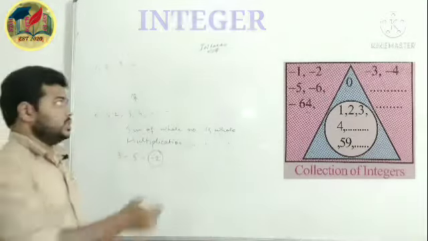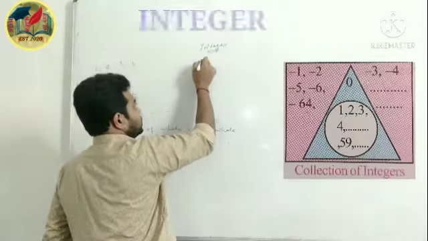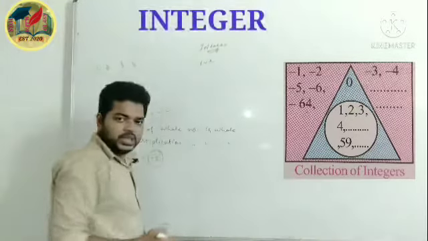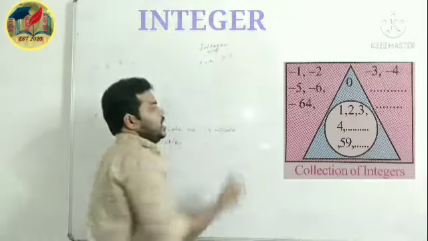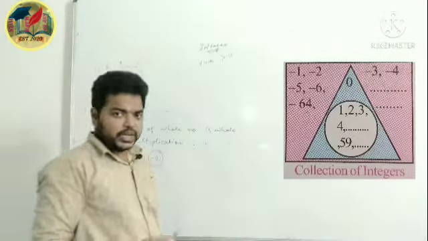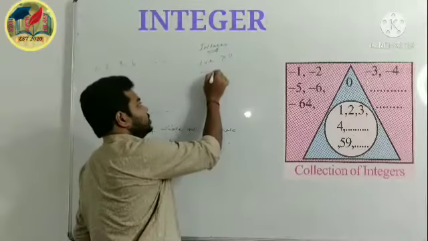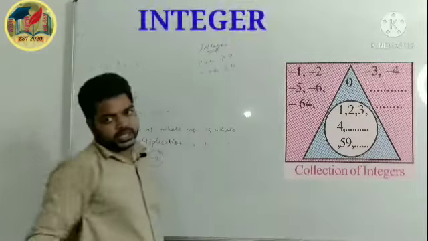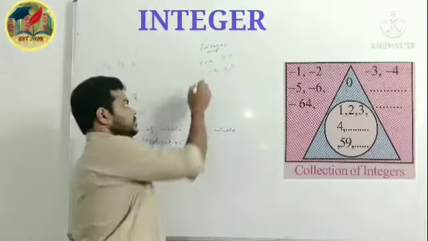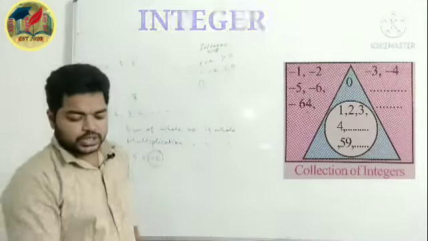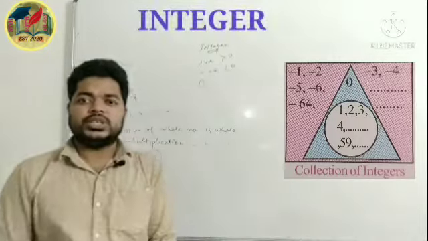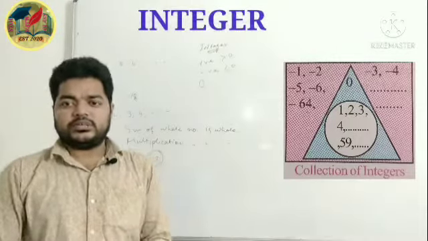The types of integers: some integers are positive, that is, greater than 0, and some integers are negative, that is, less than 0, and the integer 0. So the interesting fact is that 0 is neither a positive integer nor a negative integer.